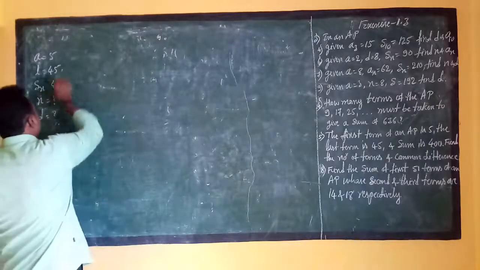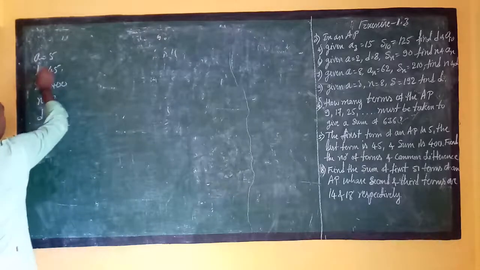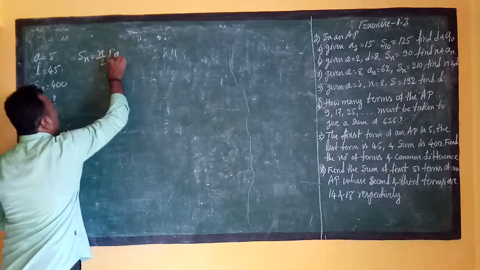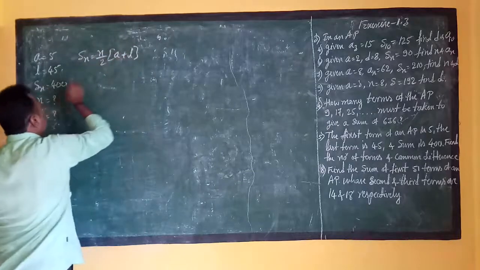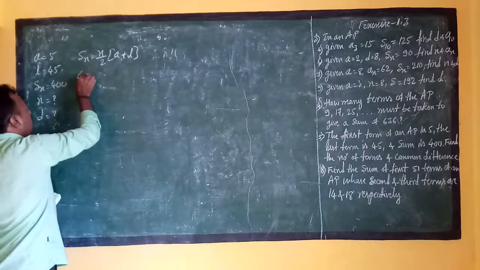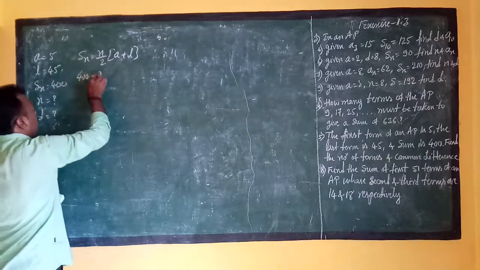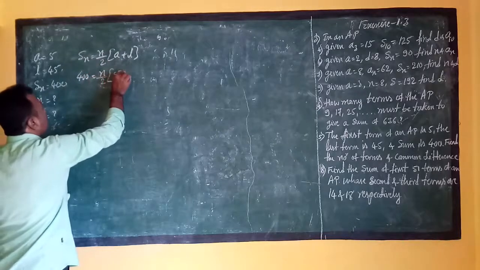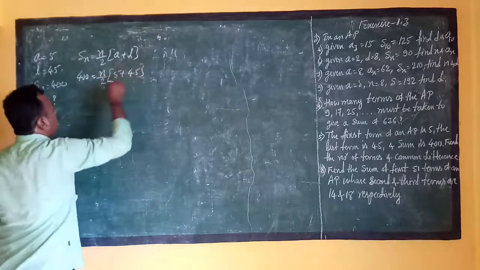Yes, students. See here, the first term and the last term are given. Therefore, Sn is equal to n by 2 into a plus l formula. We have to use it. Sn is 400. It is equal to n, which we have to calculate, divided by 2 into a, the first term 5, plus 45, the last term.